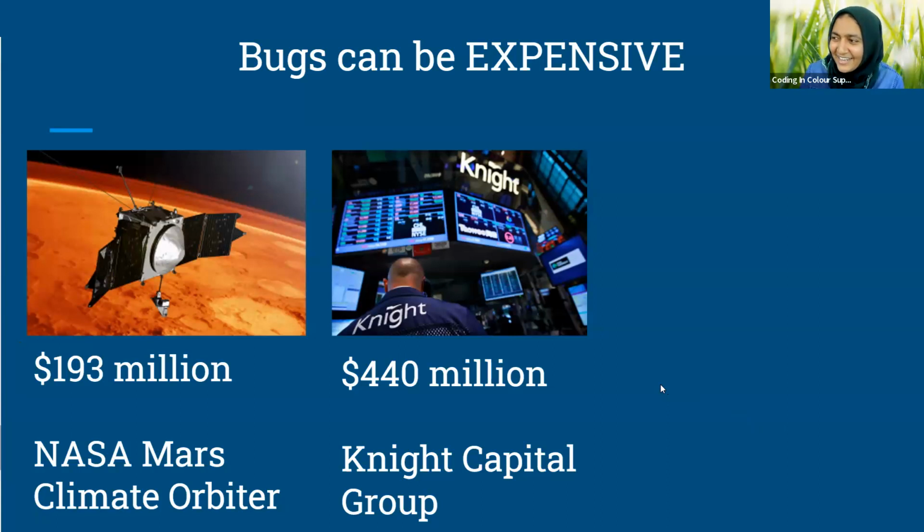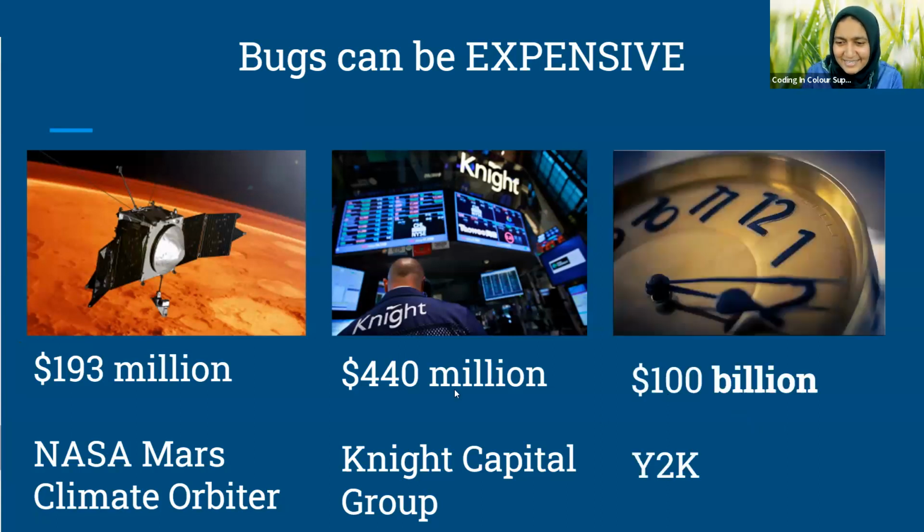And then we have another really, really expensive one, which is referred to as Y2K. And what happened here was, look at that number, 100 billion, right? That's not million, that's billion. Like, what kind of money?